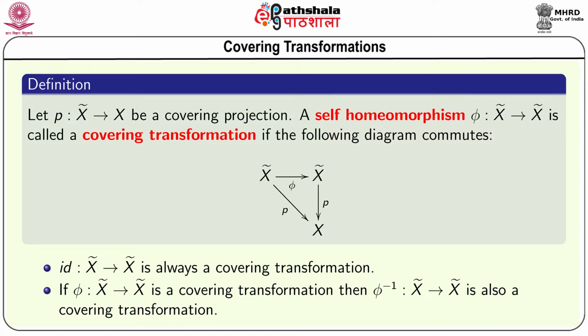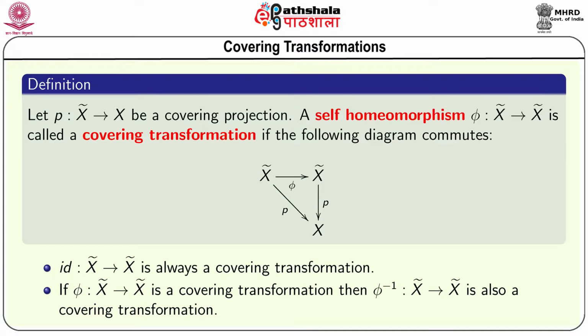It is easy to see that the identity map from X tilde to X tilde, which of course is a homeomorphism, is a covering transformation. If phi is a covering transformation, then as phi is a homeomorphism, phi inverse exists from X tilde to X tilde, and that is also a homeomorphism.